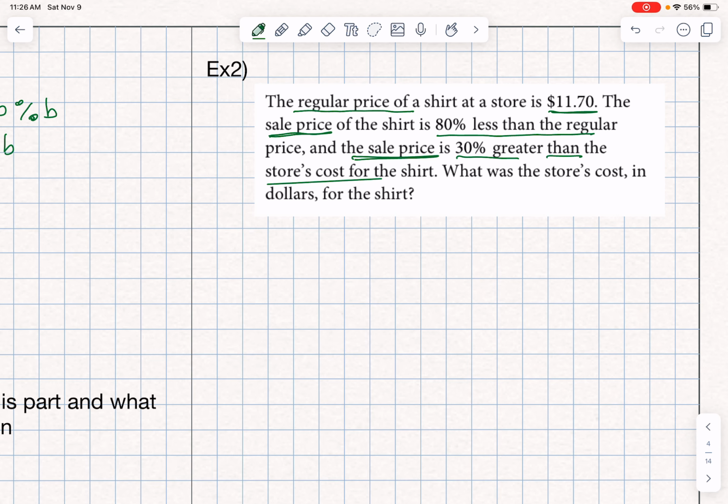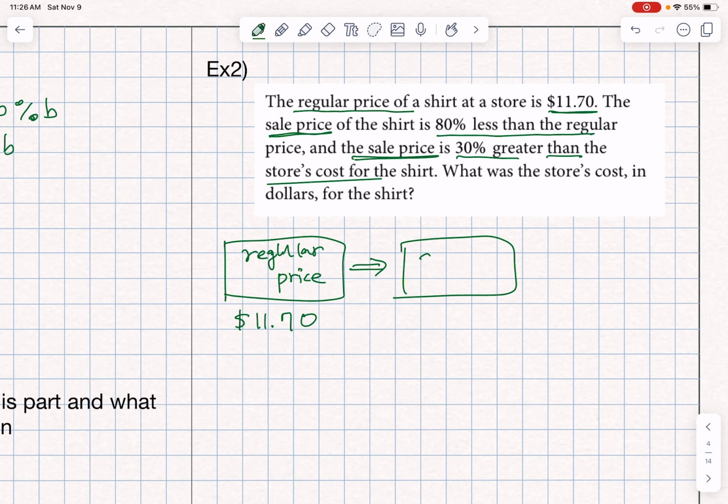Then there's a regular price here. Regular price of the shirt was $11.70, and the sale price, they did a sale, so it becomes a sale price here, is 80% less than the regular price.